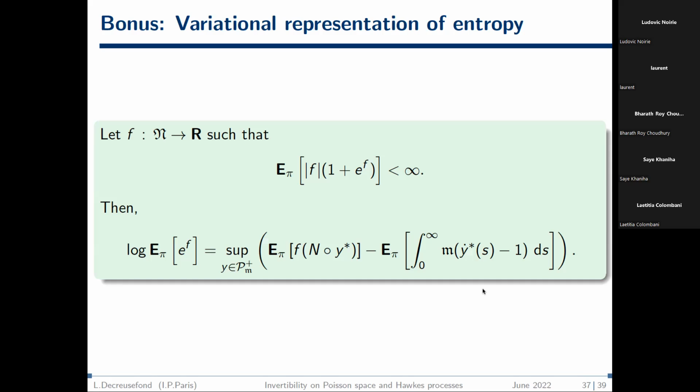So here we don't need this. You have something which is totally intrinsic. So what is P plus of M? It's the set of processes which are positive and such that this integral is finite. Since I have a minus something, if this thing is infinite, I will have some problem.